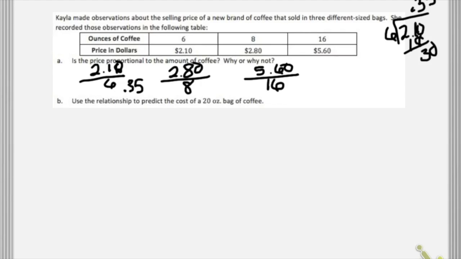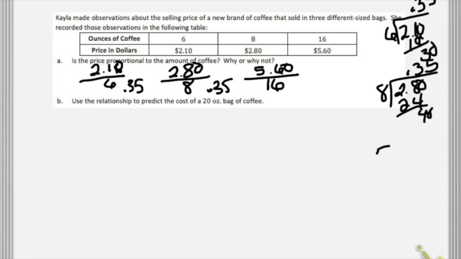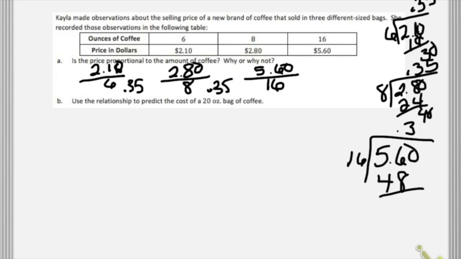Here, if I divide 280 divided by 8, I get 35 cents. And I'm willing to bet that the next one, 560 divided by 16, is going to be 35 cents.